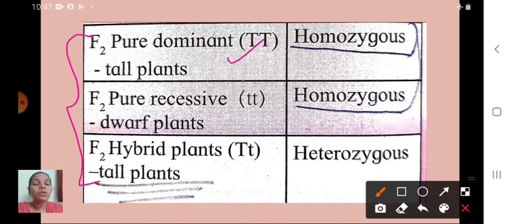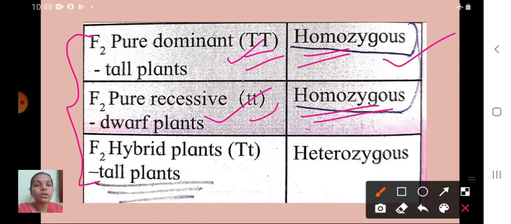So the first one is pure dominant, capital T tall plants. Here it is homozygous. Homo means same. Next one is pure recessive dwarf plants, also homozygous: small t, small t.